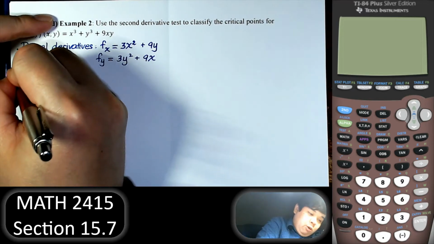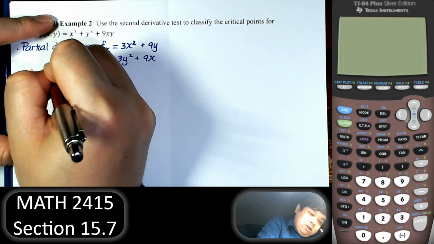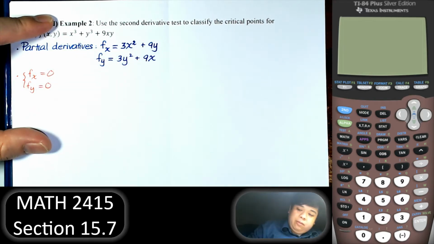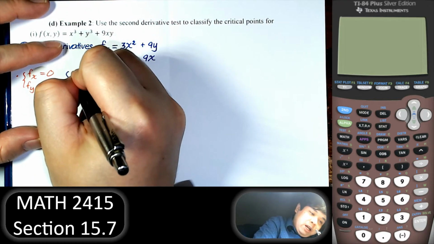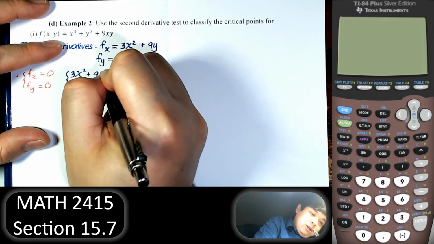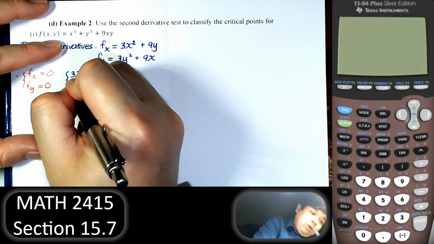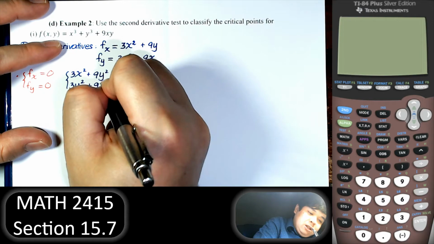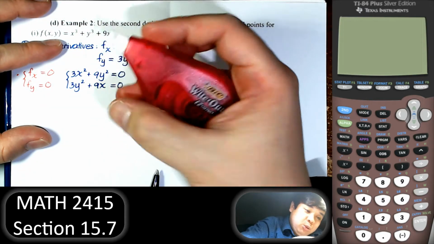Next we will solve the system of equations, setting the partial derivatives equal to 0. So it means we have 3x squared plus 9y equal to 0, and 3y squared plus 9x equal to 0.